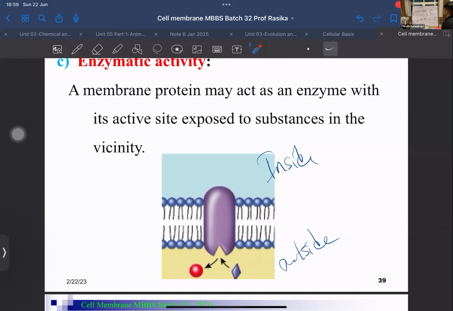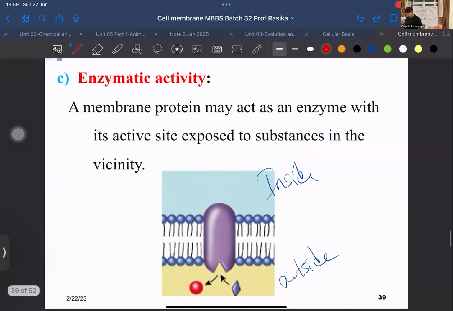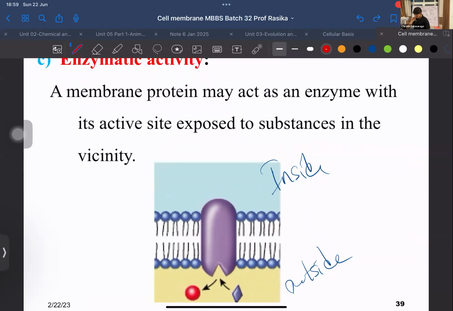Is it primary, secondary, tertiary, or quaternary? What level of protein organization acts as enzymes? Tertiary, right? Tertiary structure. So this is an example of the enzymatic function.